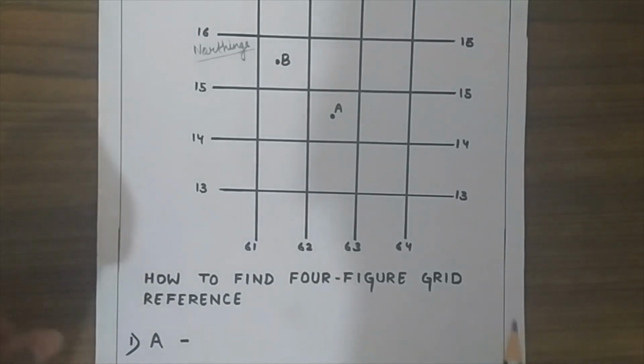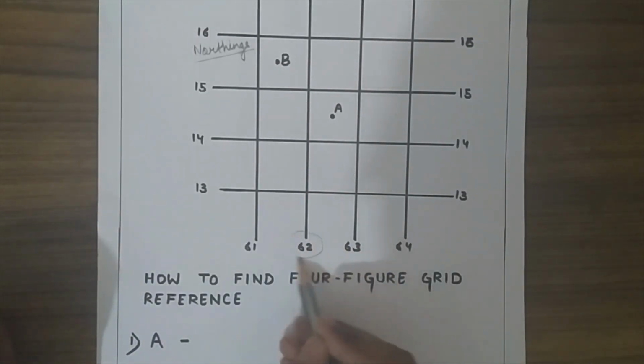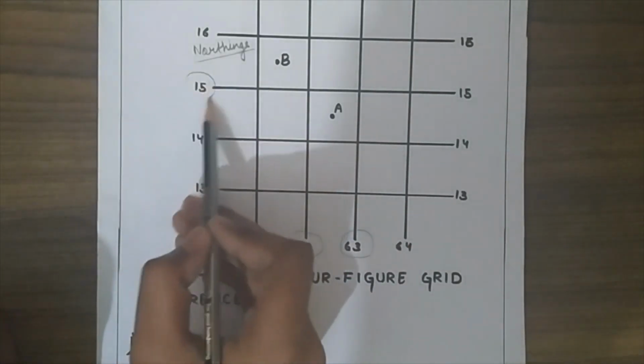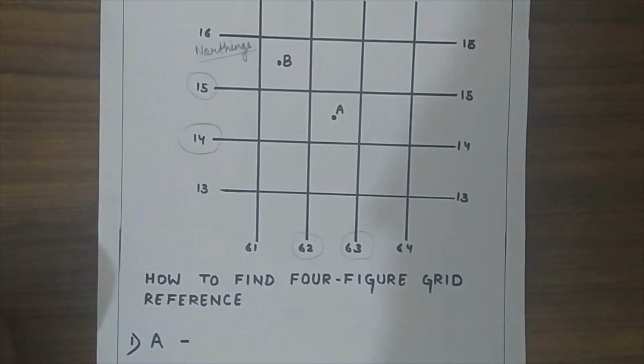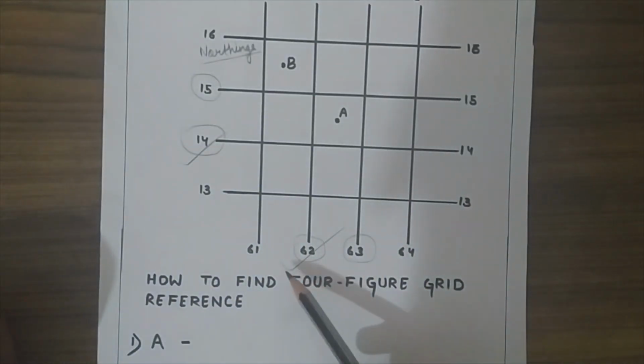Four-figure grid reference of A. The easting is 62, 63 and the northing is 15 and 14. So we take the smaller numbers, 14 and 62.